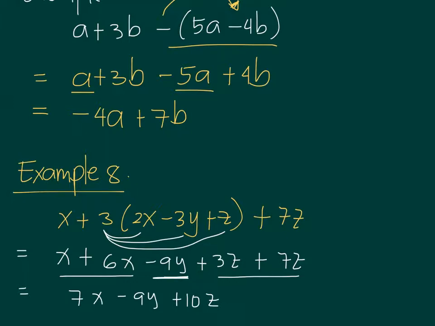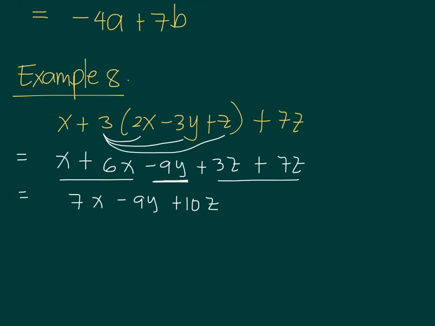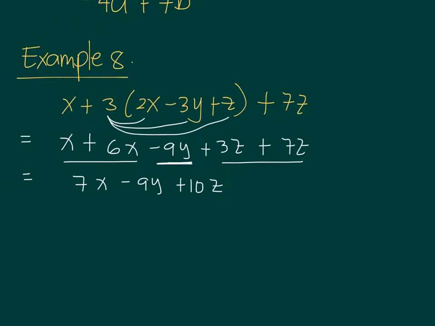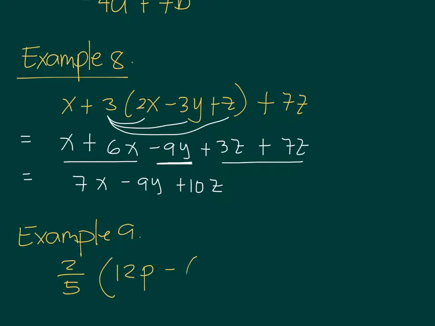Okay, and finally, let me show you a little unusual example. So example 9. Suppose I want to simplify 2/5 times 12p minus the quantity 5 plus 2p.